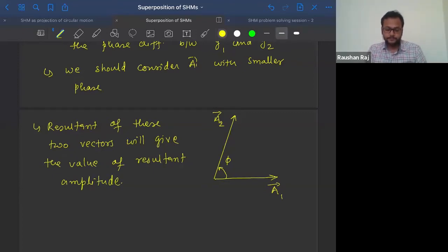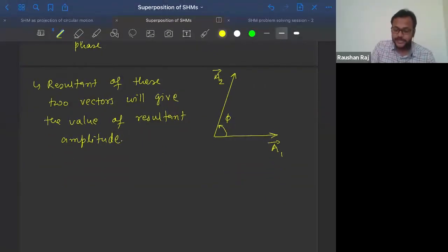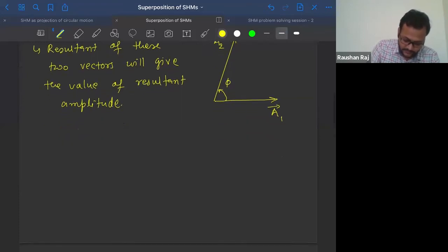Now tell me, what is the formula for the resultant of two vectors? Actually you can't write that here. Let me answer that for you. If the resultant is A1 plus A2, I'll let vector A be equal to A1 plus A2. What will be the magnitude of A?